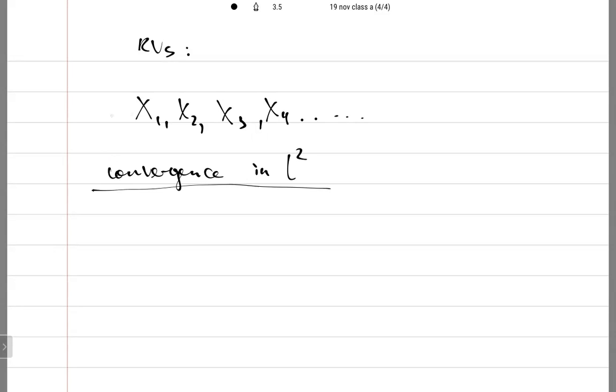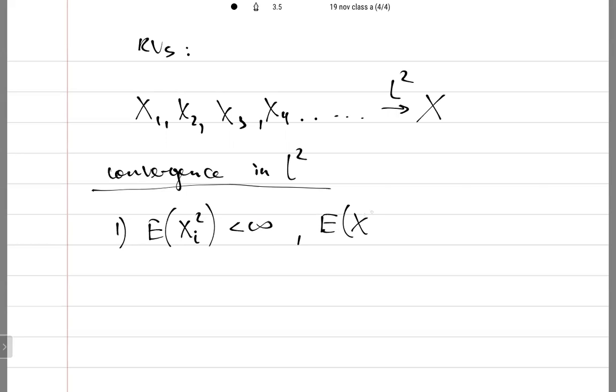The definition of this convergence is the following. We say that the sequence converges to some limit. The limit is a random variable. We say that the sequence converges to a limit if, first, the expected value of xi squared is less than infinity. So they belong to this space L squared.